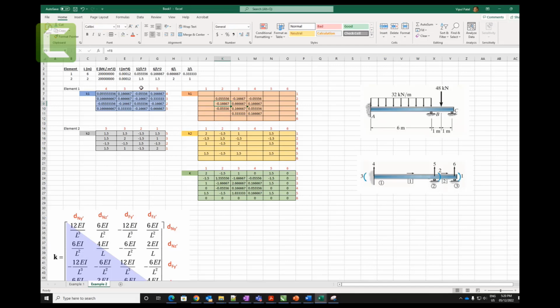Those numbers keep changing. And then 5, 4, 5, 3, 5, 2, 5, 5.